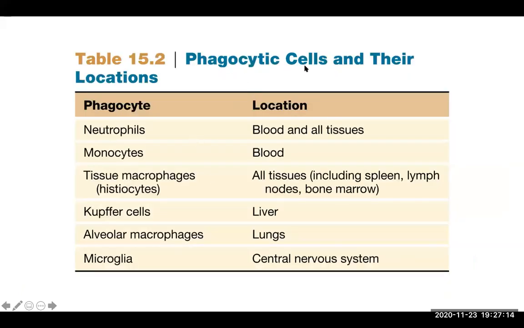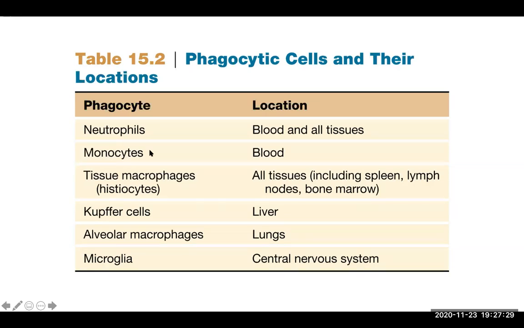So just a reminder, different phagocytic cells. We talked about neutrophils, the most abundant type of white blood cell in the entire immune system. They are phagocytes, so little cellular vacuum cleaners, right?